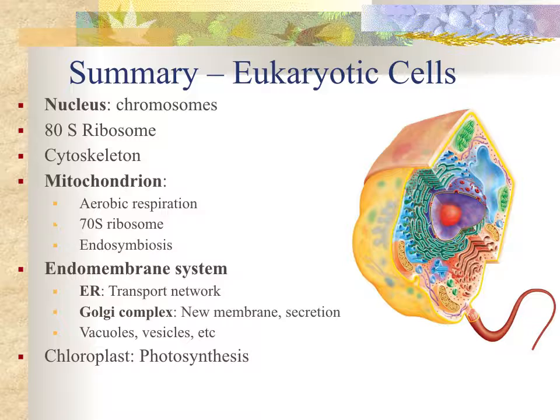Mitochondria and chloroplasts are two special compartments inside of eukaryotic cells where only some reactions happen. And this is what led to endosymbiosis. So that's a quick tour of the eukaryotic cell.